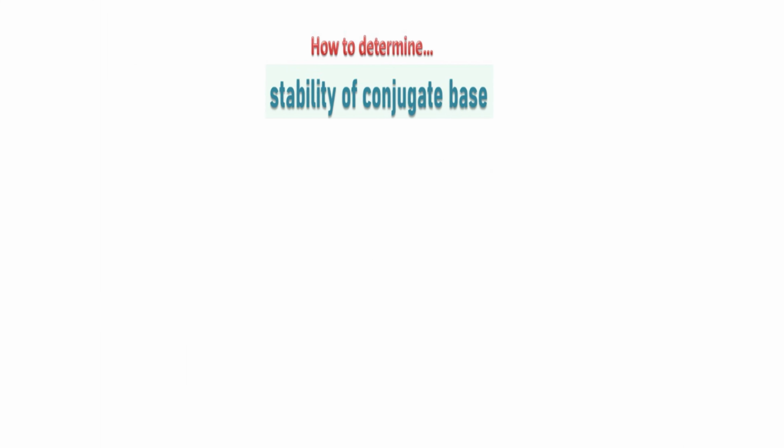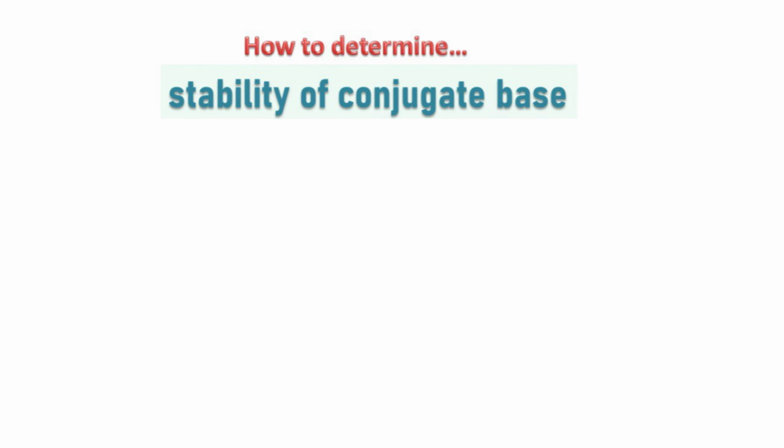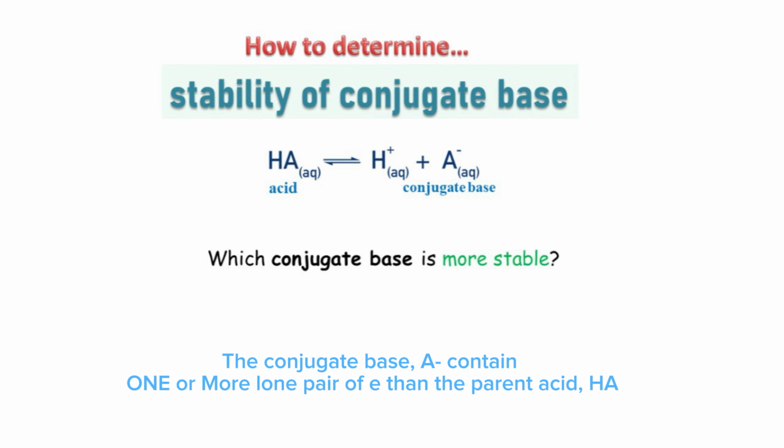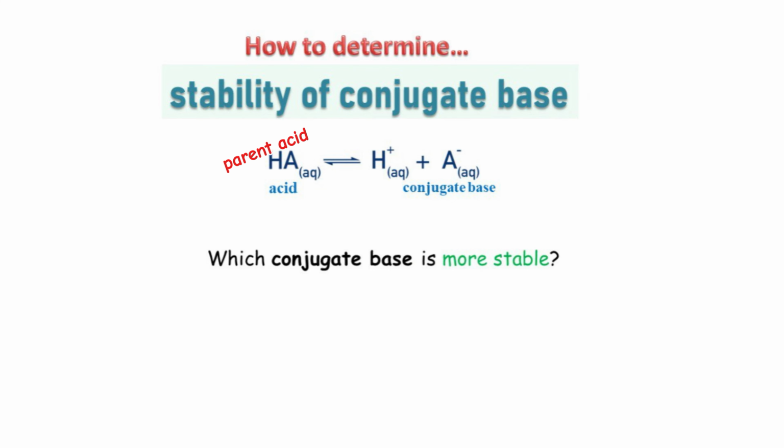Since we know we need to compare the stability of the conjugate bases to determine the relative acidity, which conjugate base is more stable? The conjugate base contains one or more lone pairs of electrons than the parent acid.